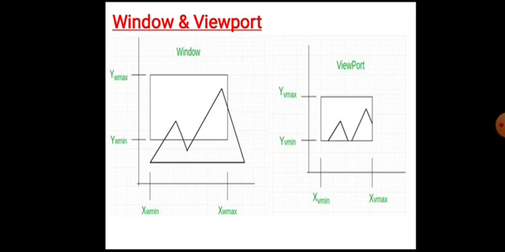Next is the viewport. Viewport is an area on the screen in the user coordinate system where the contents of the window are displayed, as shown in figure 2. The viewport is again a rectangle in a standard position with the edges of the rectangle parallel to the coordinate axes of the user coordinate system. While the window defines what is to be viewed, the viewport defines where it is to be displayed on the screen.